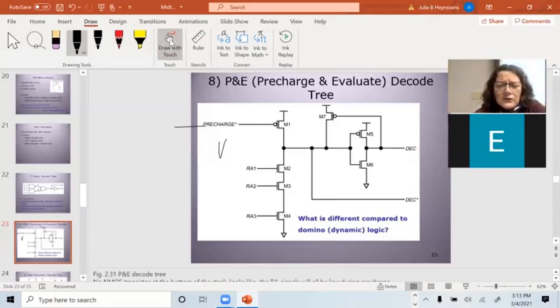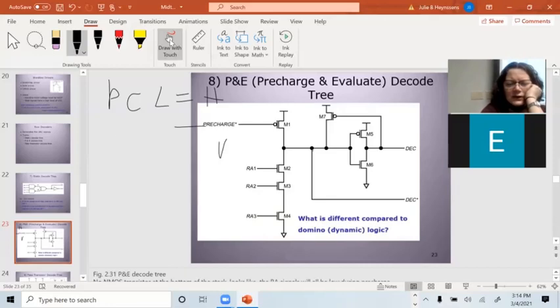You'd have to look at pre-charge. There would be two states to this. When pre-charge is low, this output is high no matter what.